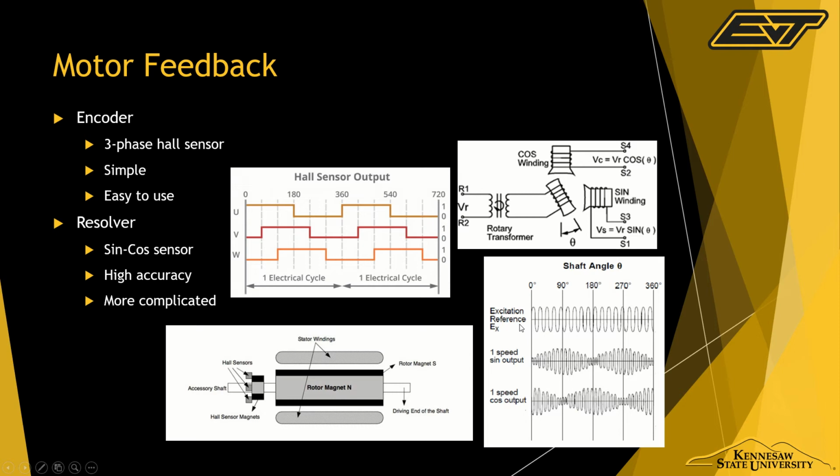Now, the reason why resolvers are so nice is because they have very, very high accuracy. All you have to do is compare the sine and cosine sensors, and you can get an exact result of the position. It even gives you an exact result all the way from 0 to 360. And you ask, why isn't it 180?